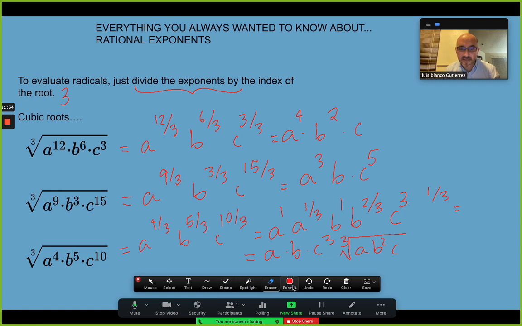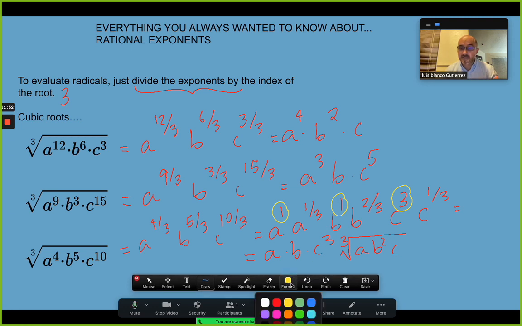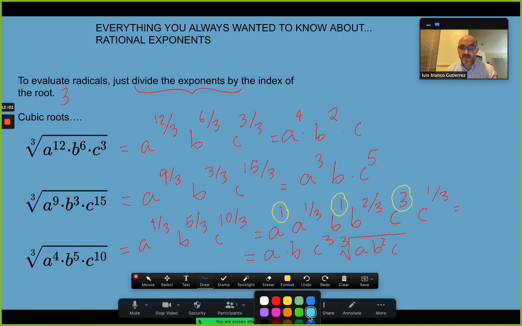This is going to be a c. So sorry about that. Okay, so everything that is whole numbers goes outside, right? And the remainders go inside, right? So the 1, the 2, and the other one.